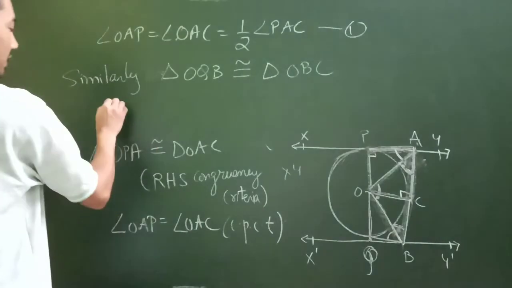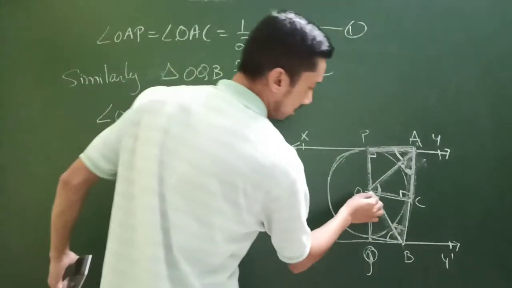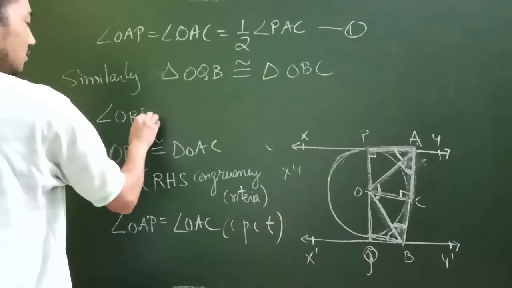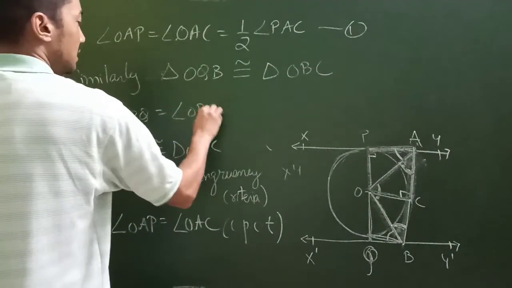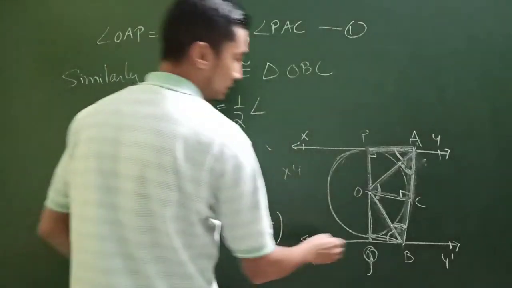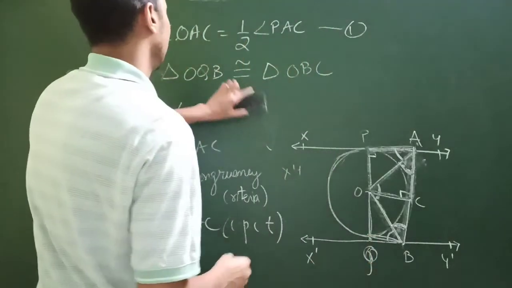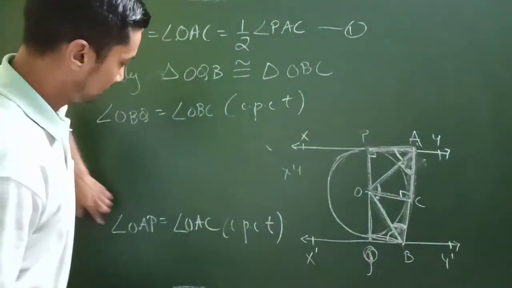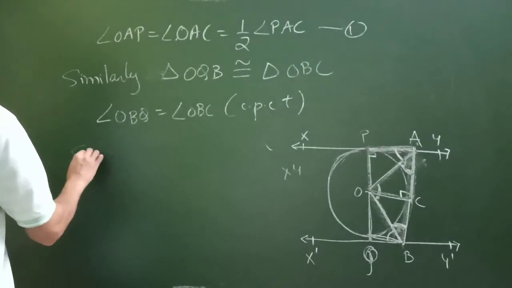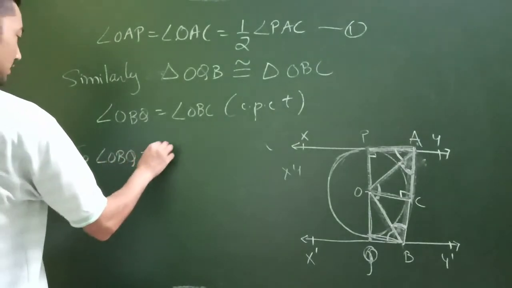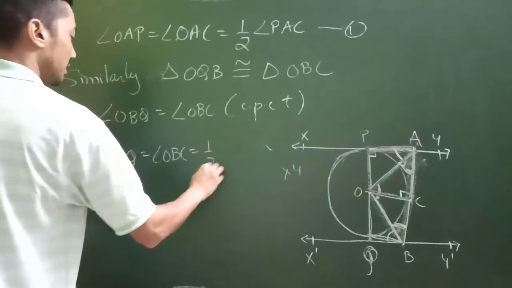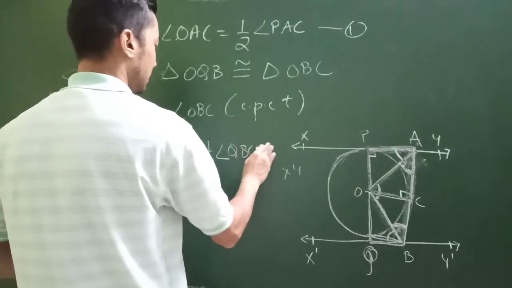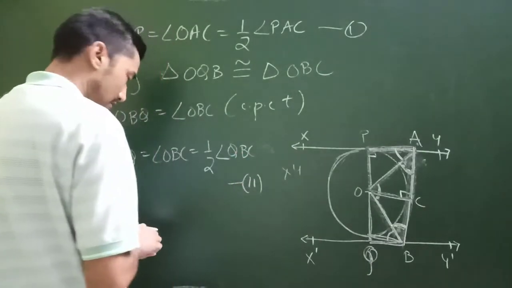So angle OBQ is equal to angle OBC, and each will be half of angle QBC. That one we can mark as equation 2.